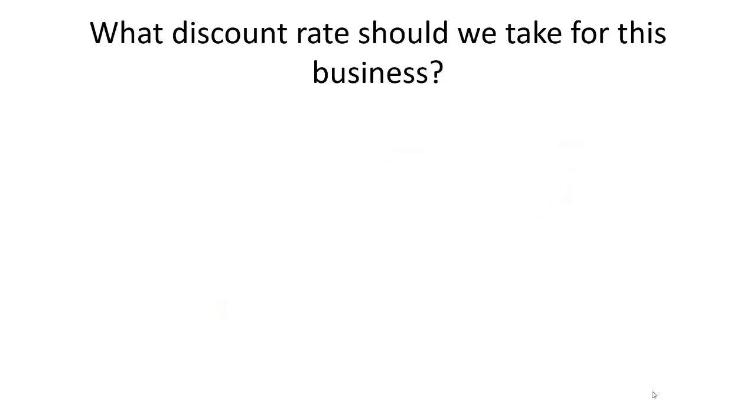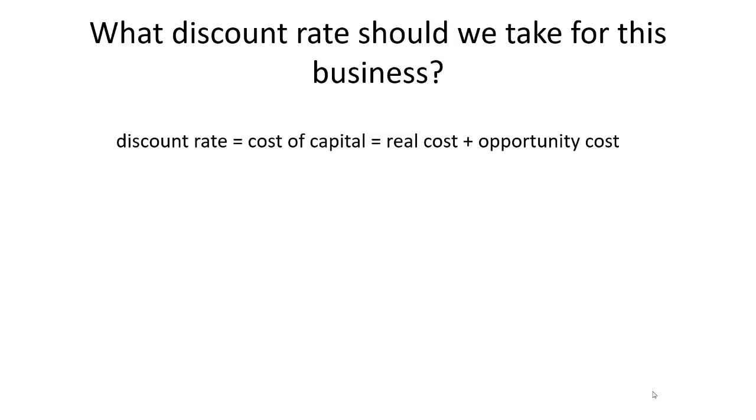So let's think of a scenario here. Let's say after figuring out that there is something called interest cost, which you have to pay to the bank in case you were to take a loan from a bank, and there is something called opportunity cost, the opportunity that is foregone in case that money is used elsewhere. So a discount rate is basically a combination of this real cost, also called interest cost, and the opportunity cost.